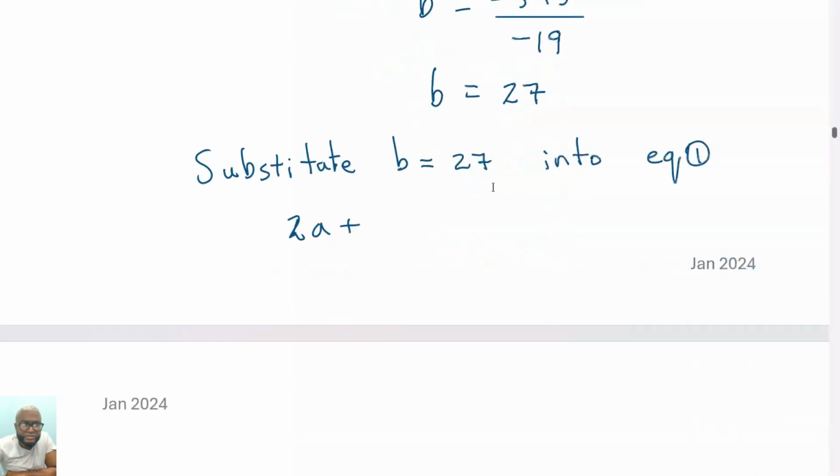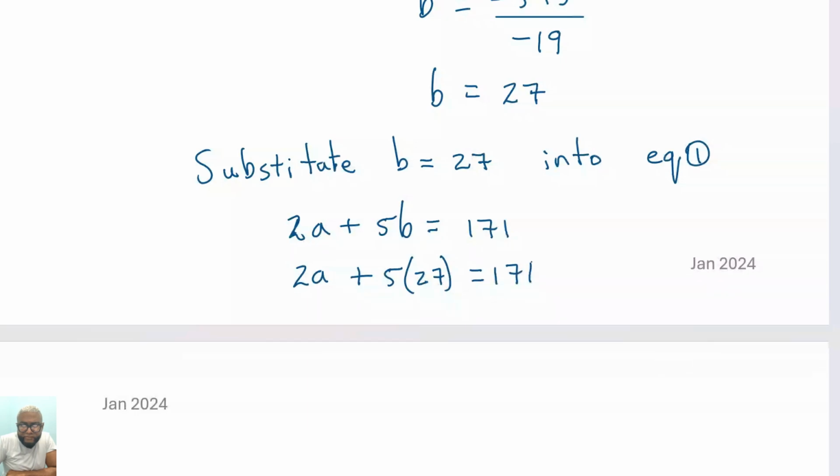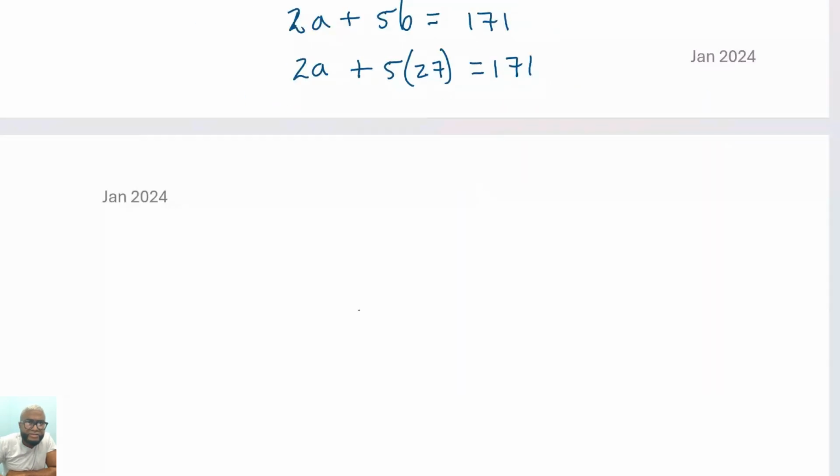I'm replacing B with 27. So it'll be 2A plus 5 by 27 is equal to 171. 5 by 27?